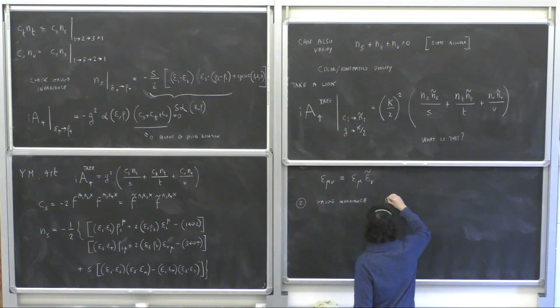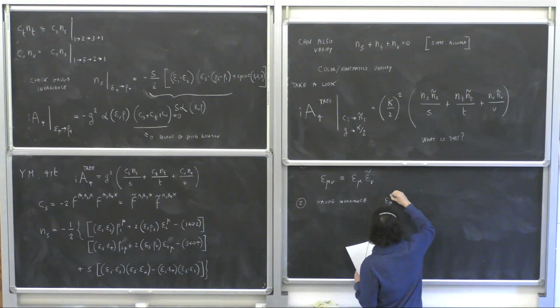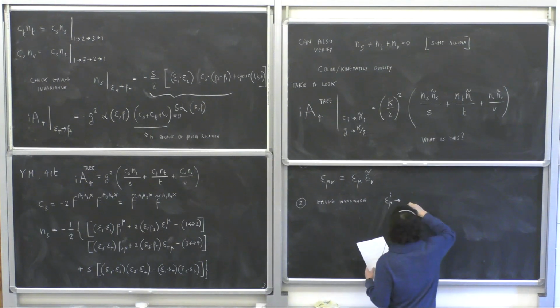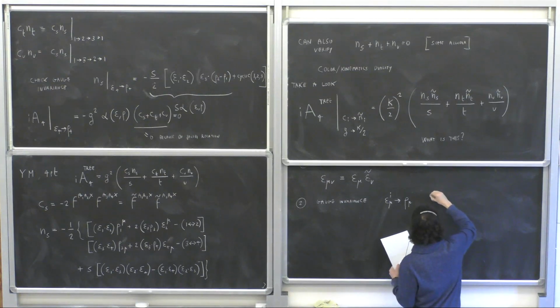I can replace one of the epsilons with the corresponding momentum. So it doesn't necessarily need to be number 4 in this particular case. And then I can do the following operation.